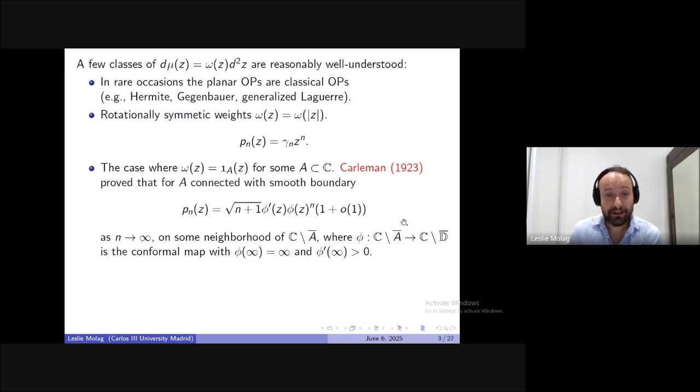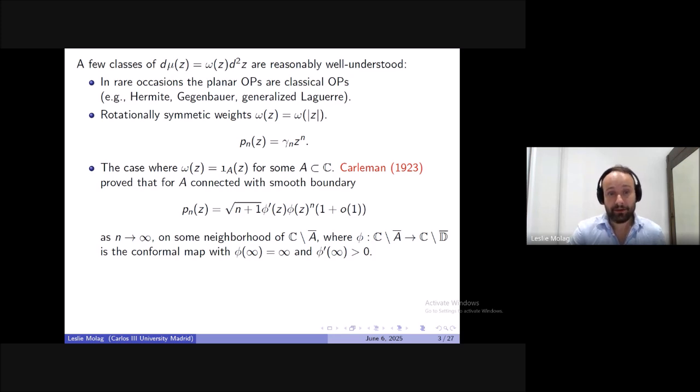I should mention that this holds on an open neighborhood of the exterior of A, so the complement of A. In particular, this asymptotic behavior doesn't tell you much about what happens strictly inside this set A.